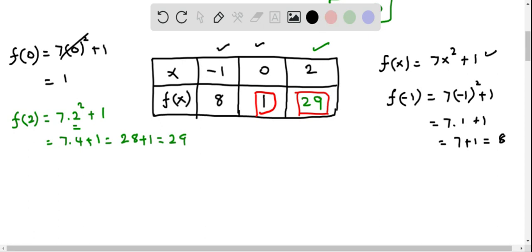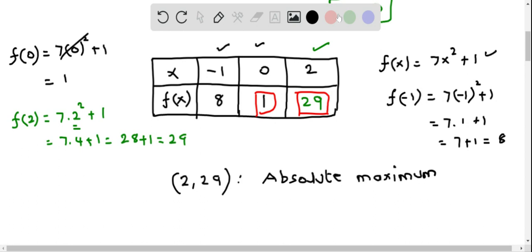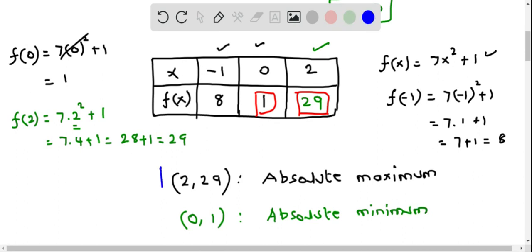So therefore we see that 2 comma 29 is the absolute maximum, and 0 comma 1 is the absolute minimum. And so these are the absolute extrema of the function.